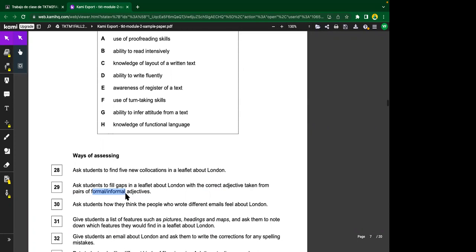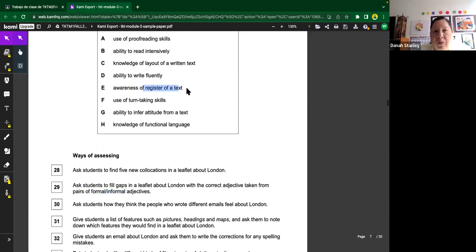I wrote down E. I'm not sure. Awareness of register of a text. Because remember that register is if it is formal or informal. Very good. Ask students how they think the people who wrote different emails feel about London.